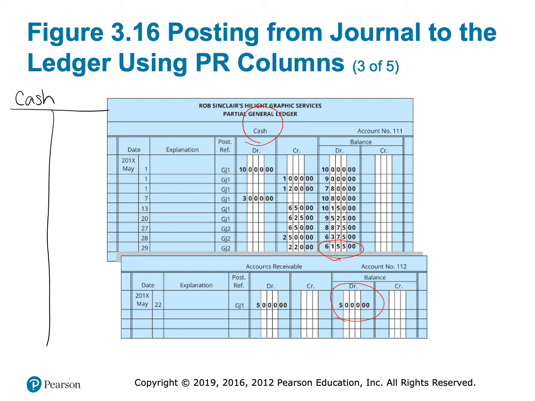Now I'm going to be very quick about this, so I'm not going to put the dates on all of these, but I debited cash for 10,000, and then I've credited cash for 1,000, and I've credited cash for 1,200, and I've debited cash for 3,000, and I've credited cash for 650, and another credit for 625, and another credit for 650, and then I have a credit of 2,500, and lastly a credit of 220.